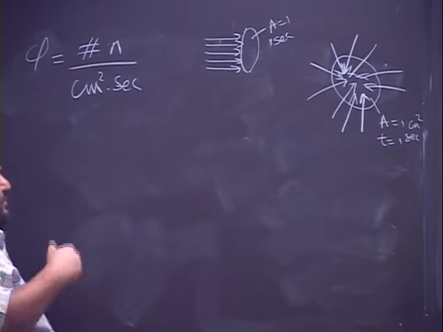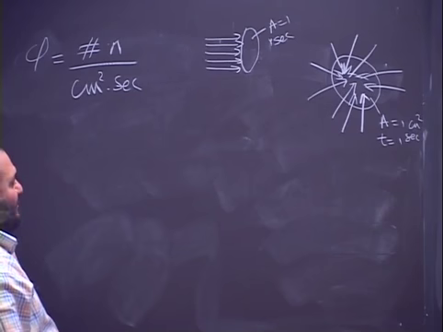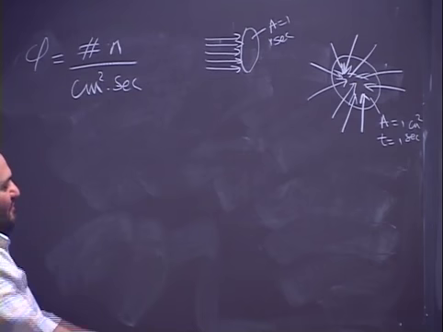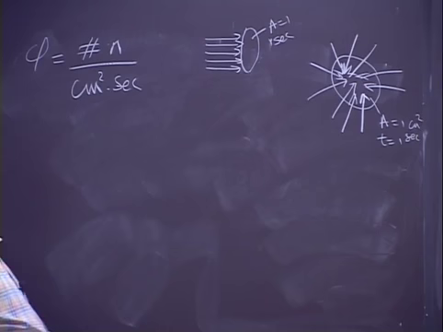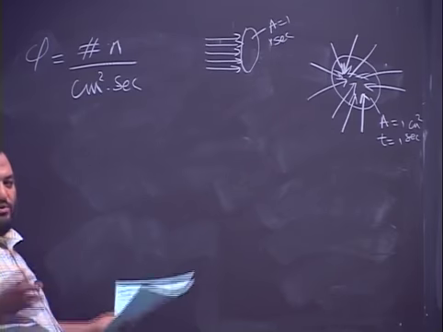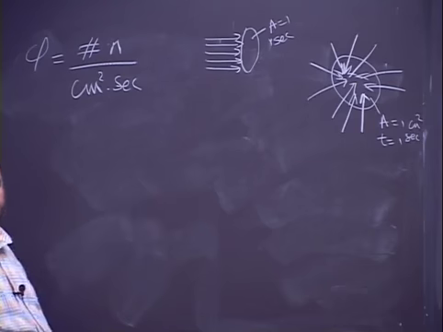You will know later on that the flux also can be represented as a summation of NV. If you have, let's say, a monoenergetic flux, where all the neutrons are moving in different directions but with the same energy, it will be NV.